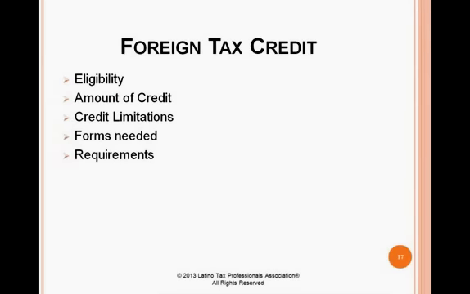Another one is foreign tax credit. Now, if your clients already have itemized deductions, it's a better place to input the foreign tax credit under Schedule A, itemized deductions, part of the taxes you pay, Section 2 of the Schedule A. But yes, there are still requirements for eligibility, amount of credit, credit limitations, forms needed, and requirements. So very important to review all of that.